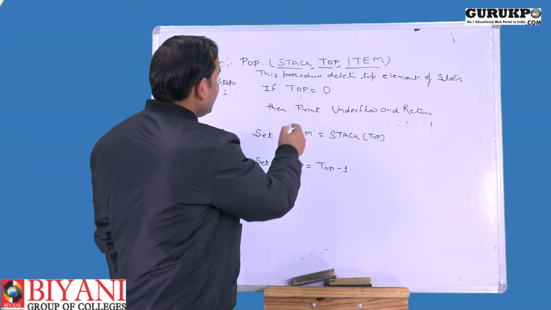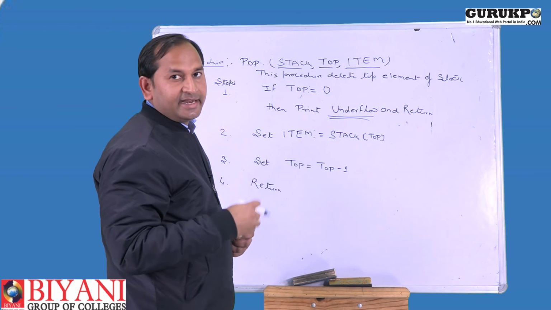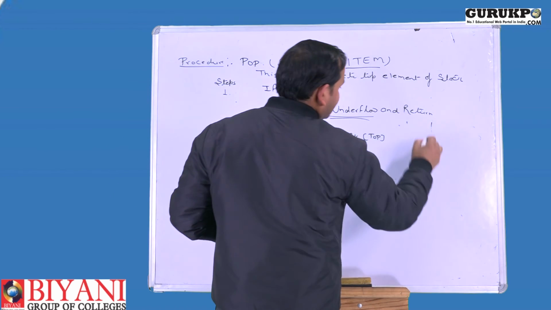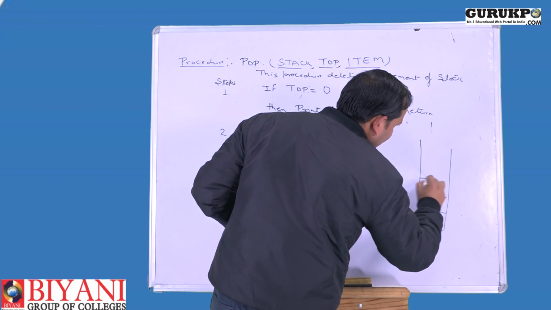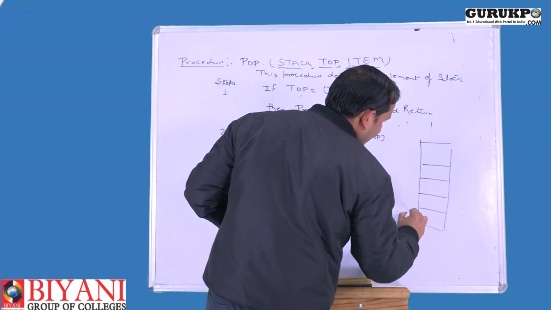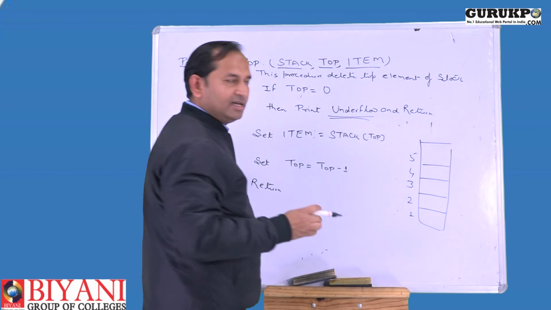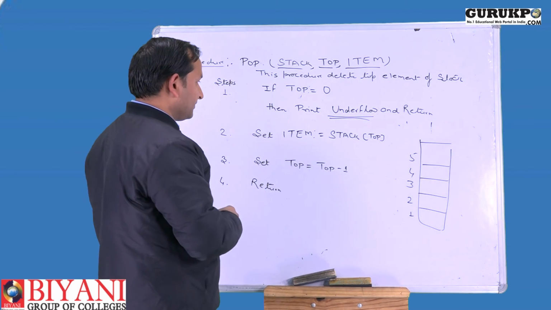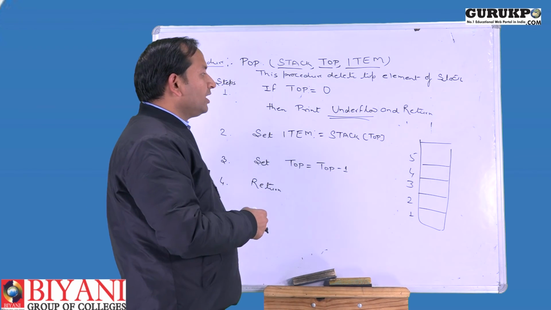So, we can say print underflow condition. This is called underflow, where there is no element inside a stack, and return. Suppose this is the stack, positions 1, 2, 3, 4 and 5, and there is no element, then it prints underflow condition. If it is not so, then set item equal to STACK[TOP].